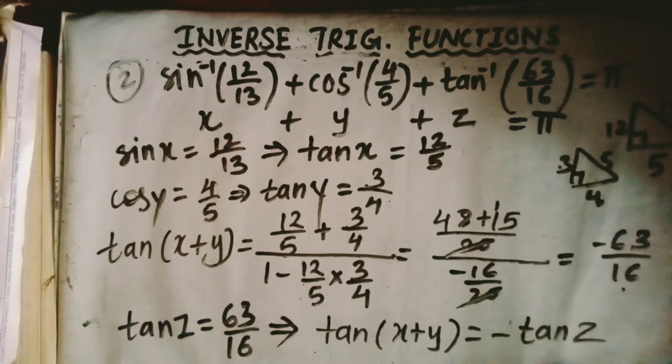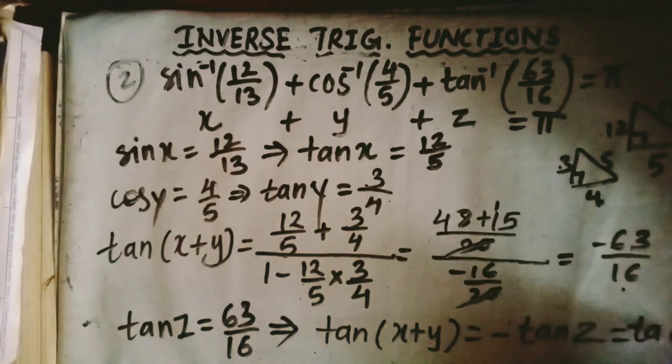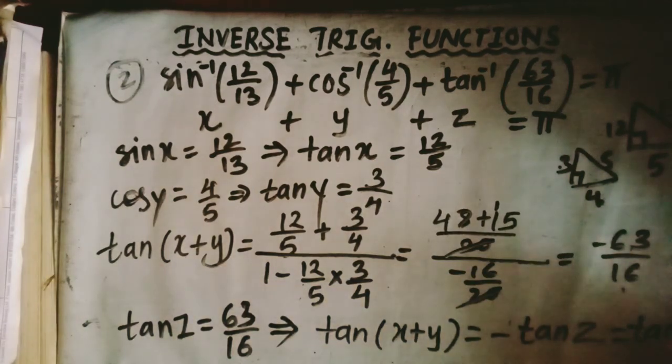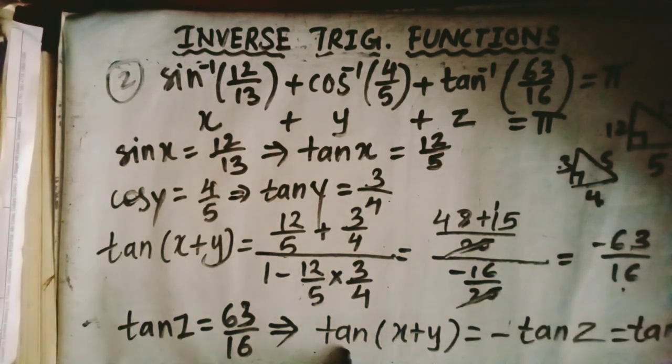Using the property of trigonometry, we can write tan of pi minus z, like we write for sine and cos. So here it is tan of x plus y and this is tan of pi minus z. So from this we can write x plus y is equal to pi minus z. So this is nothing but x plus y plus z equal to pi, which is our required result.